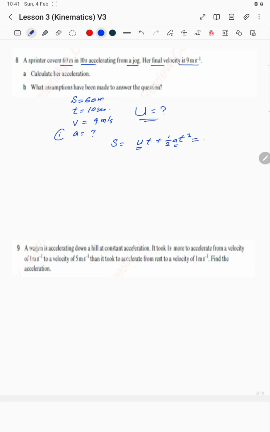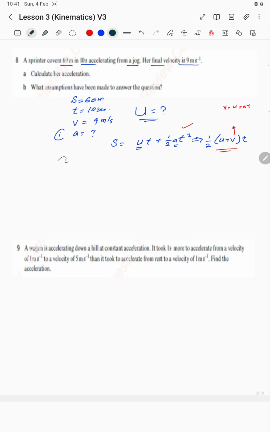This whole can be expressed as 1 by 2 times u plus v times t. If you substitute the value of v, you can check it. If we take v equal to u plus at, as we have the proof of this one, we can trace it back. This is the right one. Okay, these are equal.